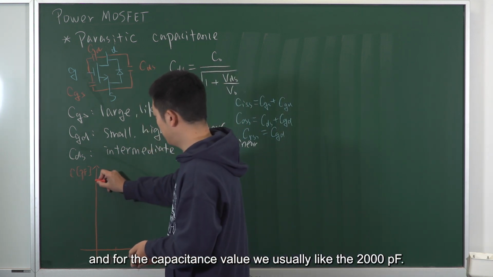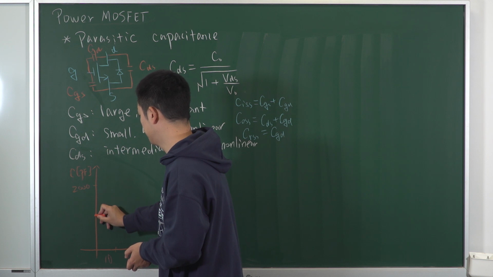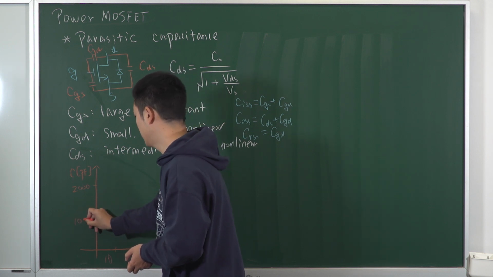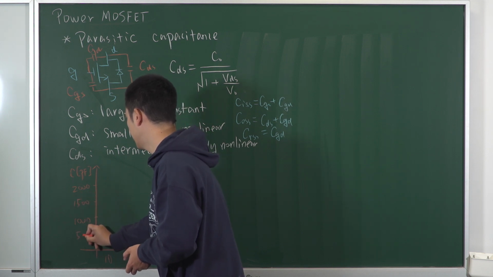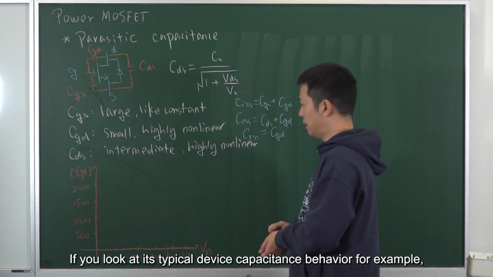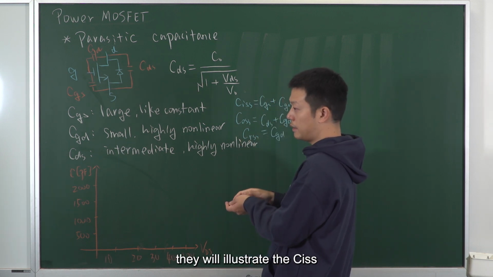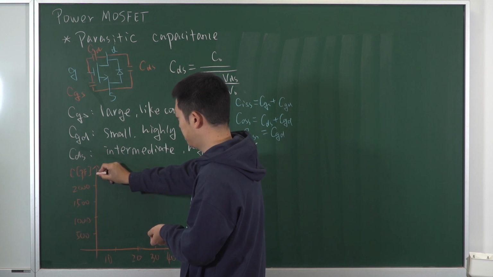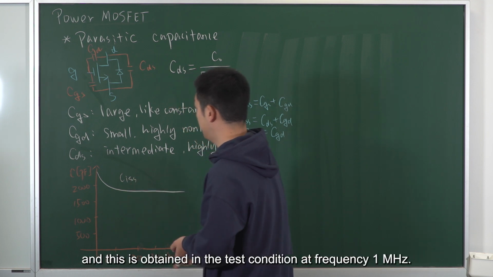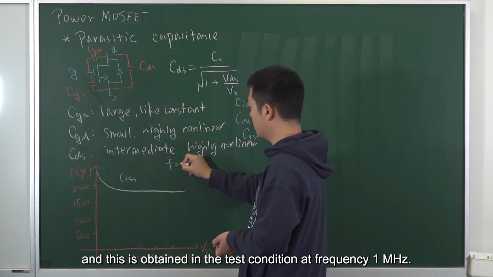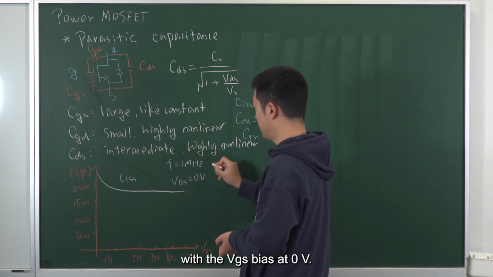And for the capacitance value, we usually have 2,000 picofarad, 1,000, 1,500, 500. If you look at a typical device capacitance behavior, for example, they will illustrate the CISS. This is obtained in the test condition at a frequency of 1 megahertz with the VGS bias at 0 volt.